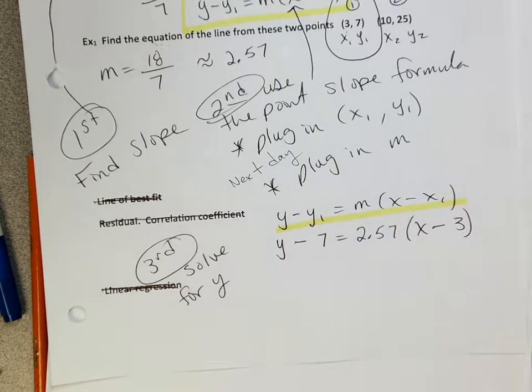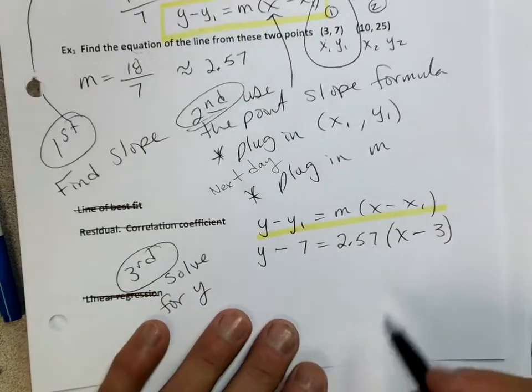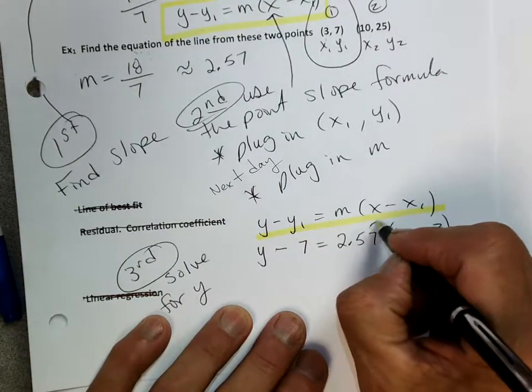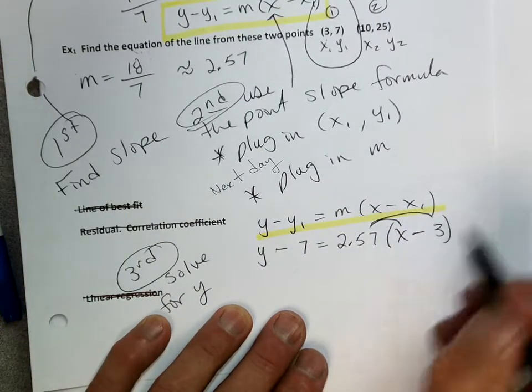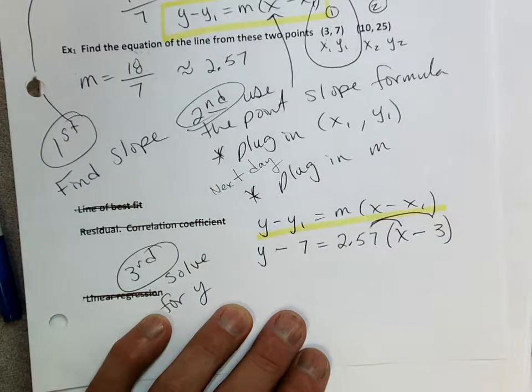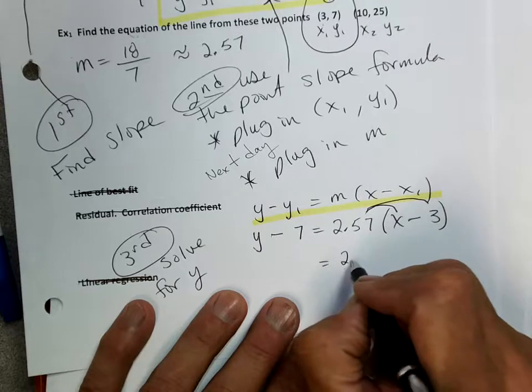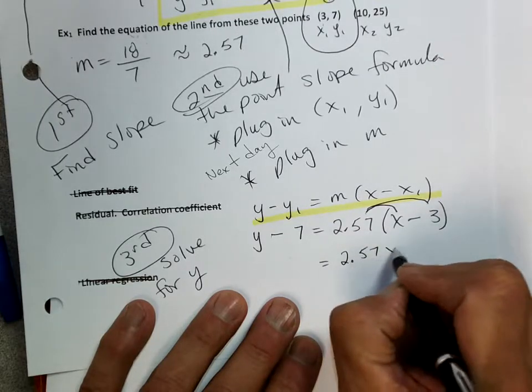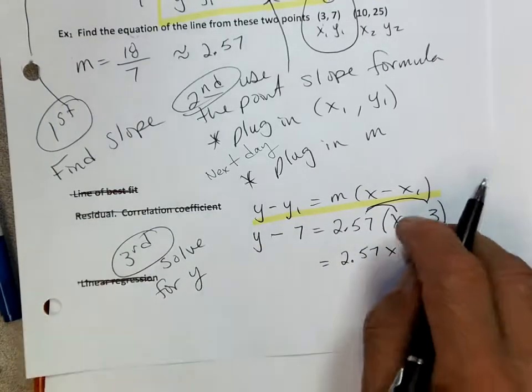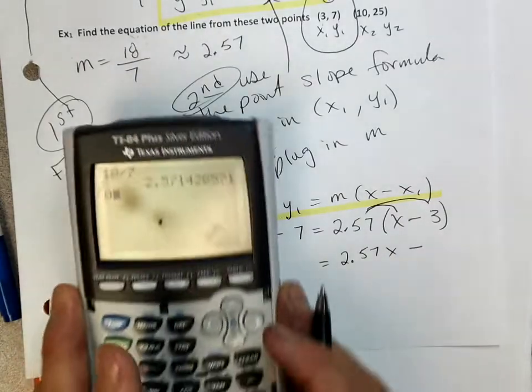So, here's how we're going to solve it. We're going to distribute that times that, that times that. You guys remember using the distributive property? So I'll have 2.57x minus, calculator time.